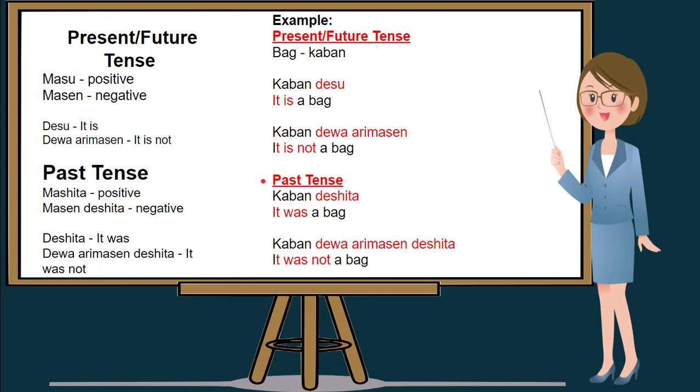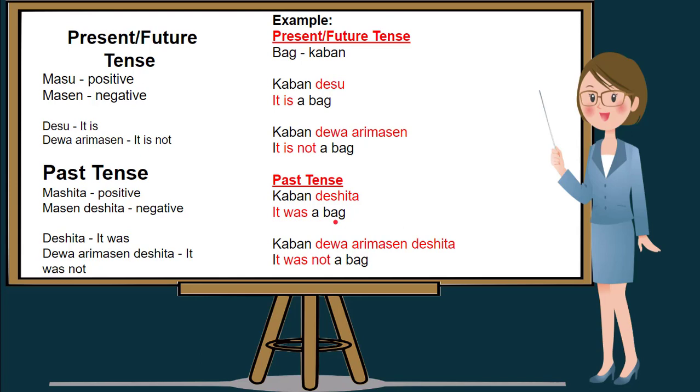This time, we will create a positive and a negative past tense sentence. In this sentence, we will be using deshita, which is a positive past tense. Deshita in English means it was, and kaban is a bag. So if we read kaban deshita, it means it was a bag.